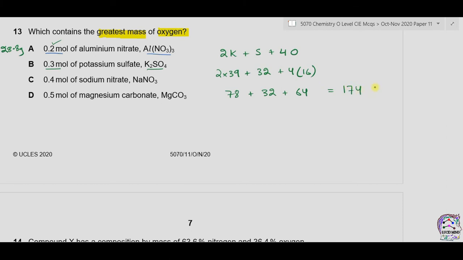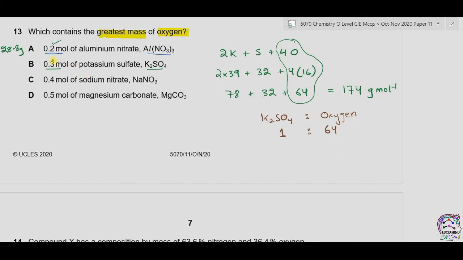Molecular mass is equal to 174 grams per mole. Now we can see that the mass of oxygen present in 1 mole of potassium sulfate is 64. So we can write 1 mole of potassium sulfate has 64 grams of oxygen.